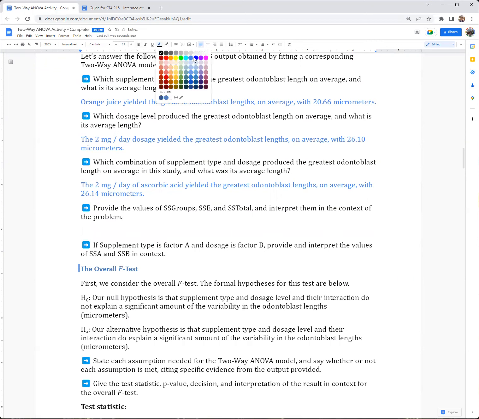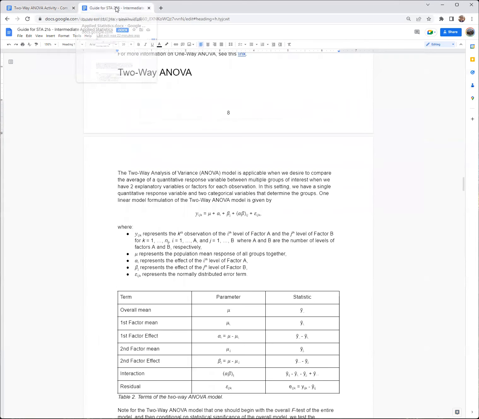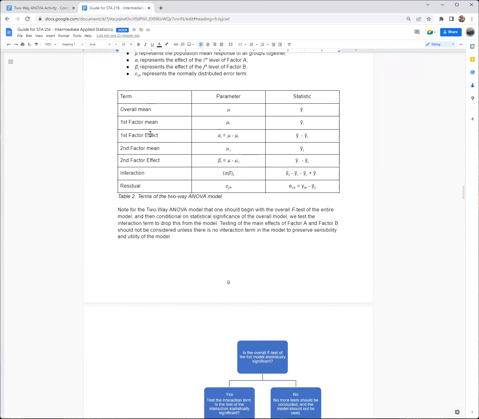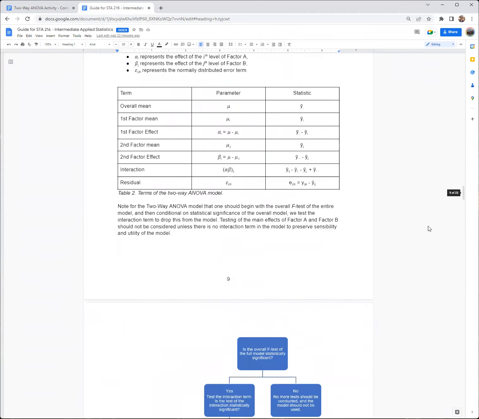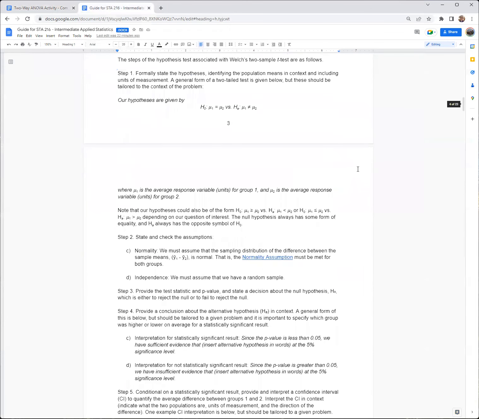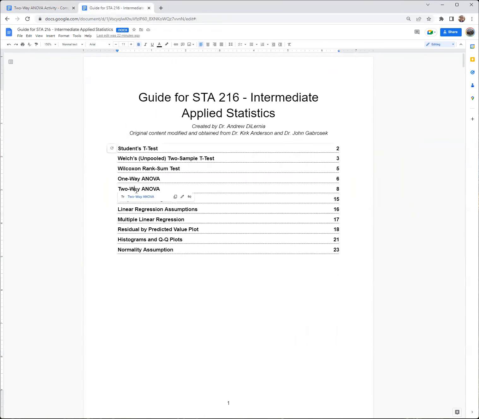And now we can provide the values of SS groups, SSE, and SS total, just like in one-way ANOVA. Okay, so I would recommend copying these blueprint interpretations from the guide for Stat 216 document. Okay, so if you go, starting from the top, there's a two-way ANOVA section.